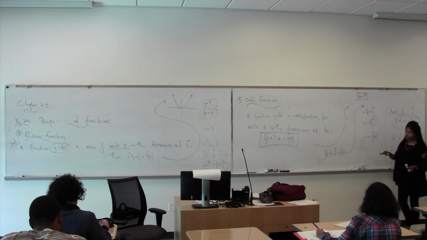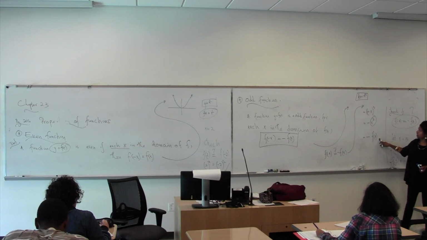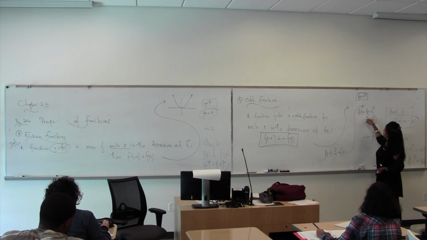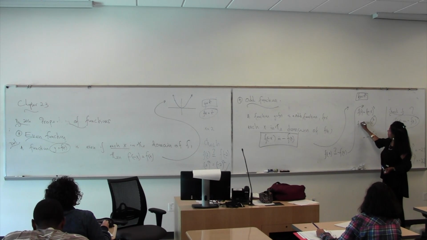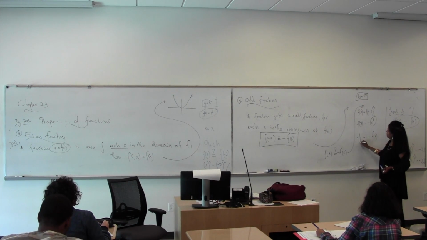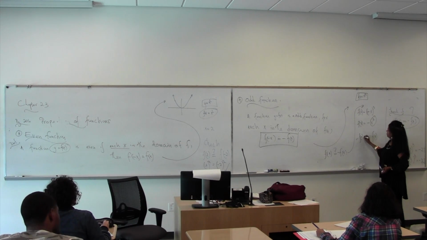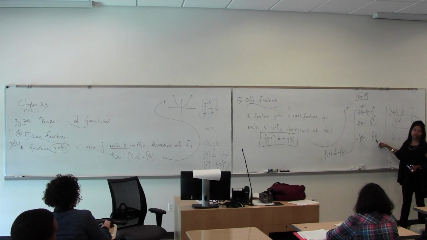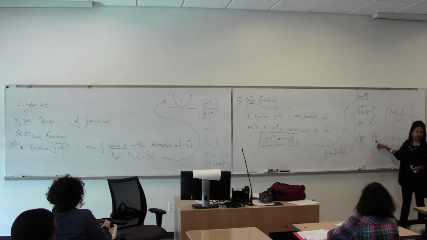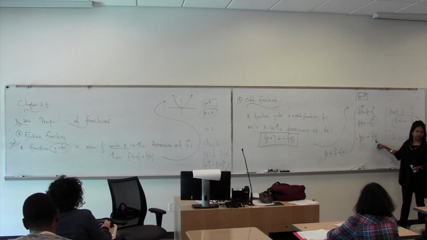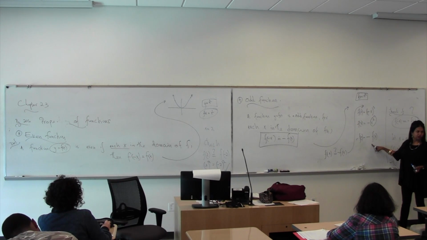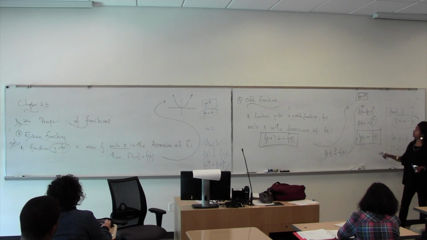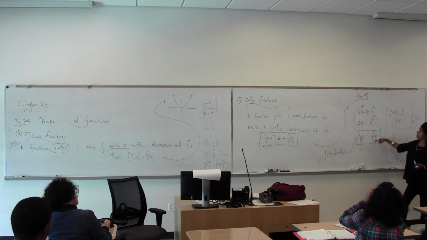So on the left-hand side we are working with f of negative x, and we are actually showing that f of negative x is equal to negative f of x. Okay? You guys following this? This is what you need to show algebraically. So this function is an odd function.